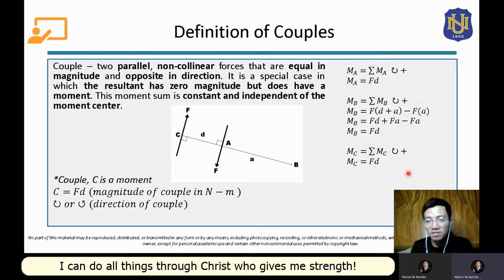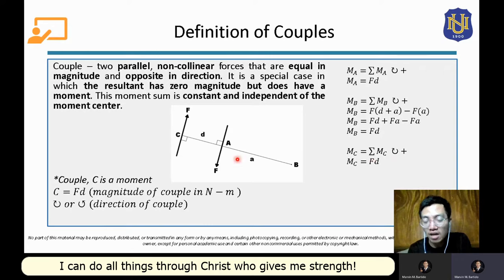That's why it is positive here. So we can prove from these answers that the moment of the couple, its direction and its magnitude, will be constant and independent of the moment center. It will have the same moment effect at any point.